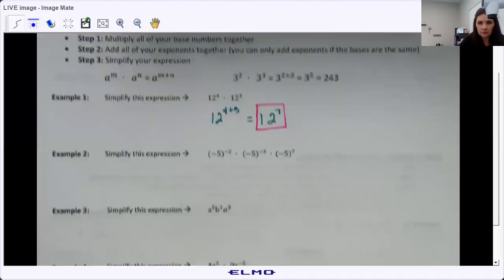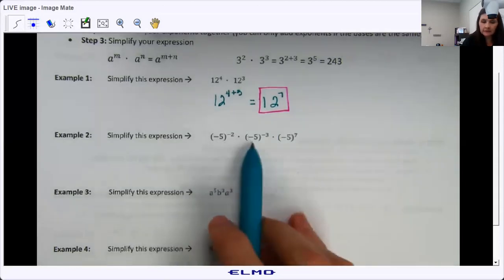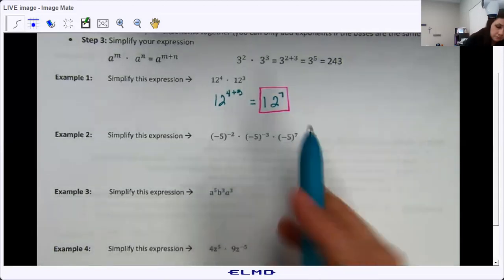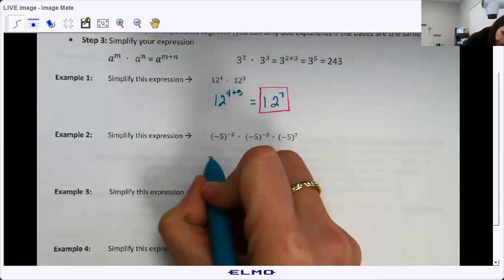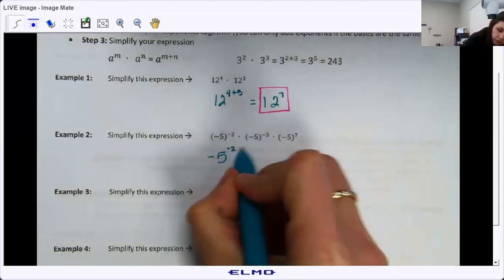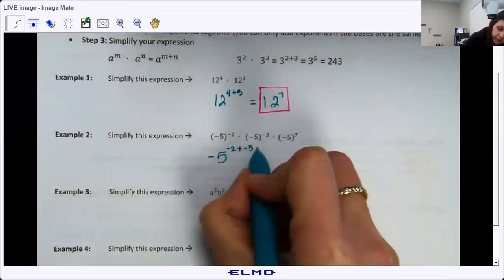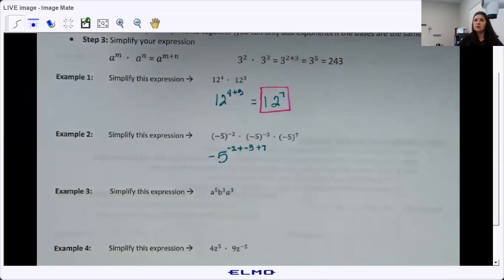Going down to example 2, we have the same base of -5 for each one of these. So I'm going to write -5, and then we have an exponent of -2 plus an exponent of -3 plus an exponent of 7. So you're just combining like terms.